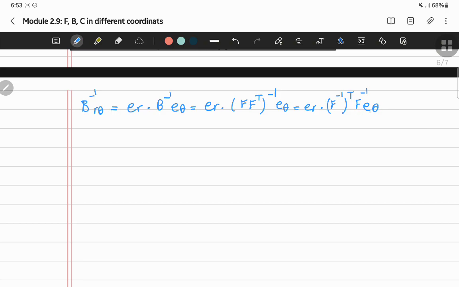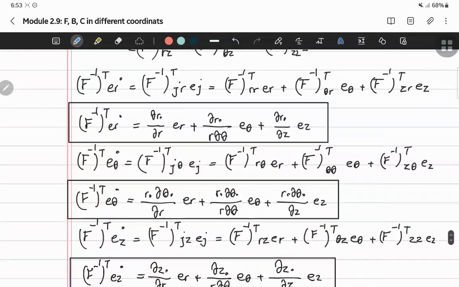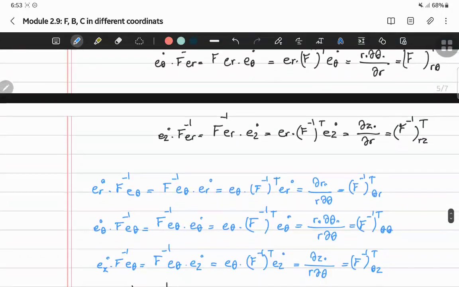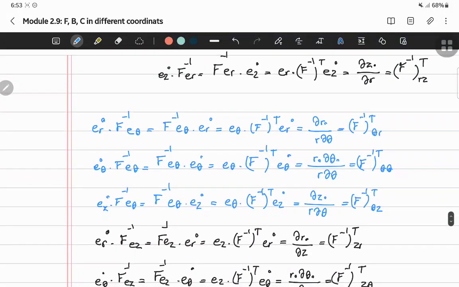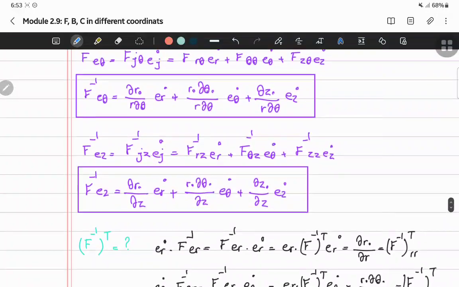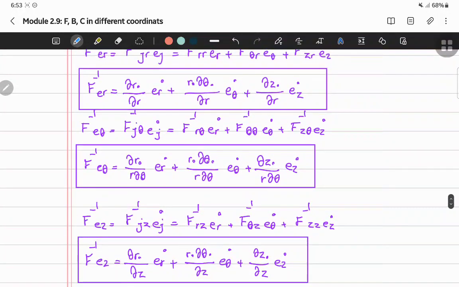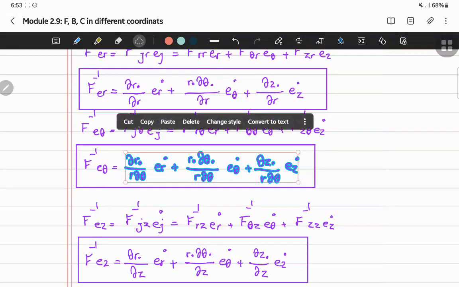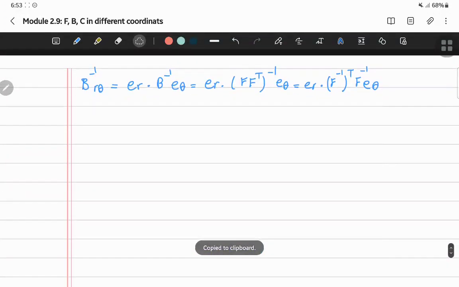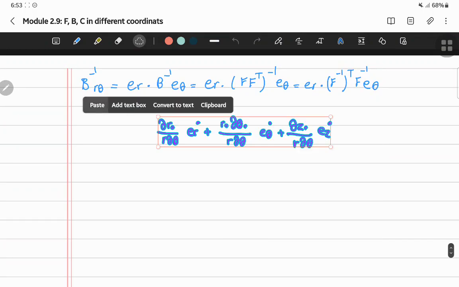So F inverse E theta is basically here. F inverse E theta is in here. So I need to copy this and paste it here.